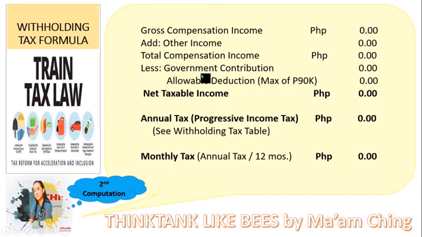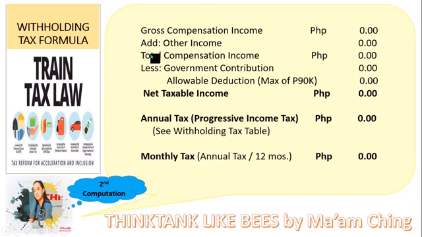For example, the owner gave an allowance of at least 2,000 a month for the assistant. So she can also put an allowable deduction here, which is 2,000 times 12 months, so it can be 24,000. It is based upon the needs of the owner or the sole proprietor.